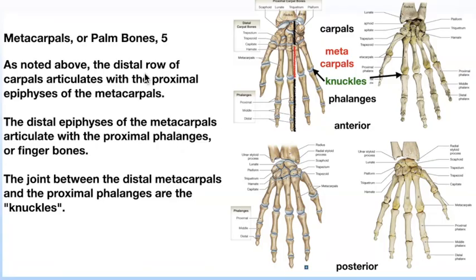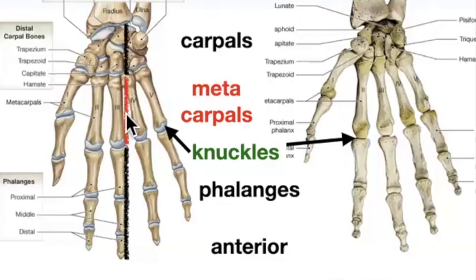Okay, and the distal epiphyses of the metacarpals articulate with the proximal phalanges or finger bones. Now, once we get to the finger bones, we'll learn that each digit has 2 to 3 phalanges, but we're talking here about the most proximal row of phalanges, and that is, of course, what the distal epiphyses of the metacarpals are articulating with. And this is the joint that we call the knuckles, all right?